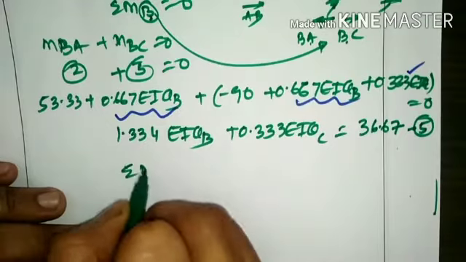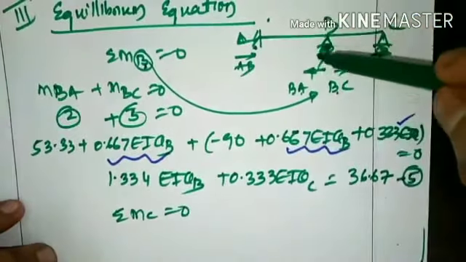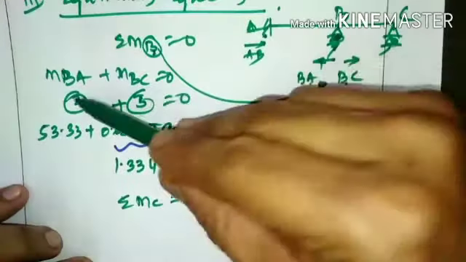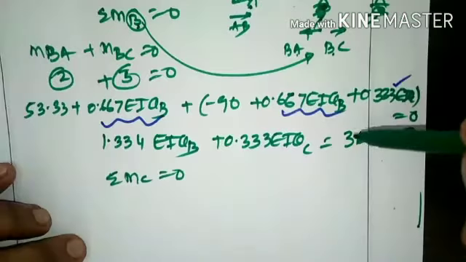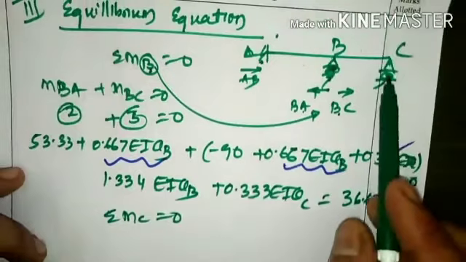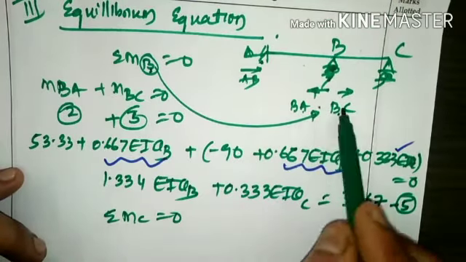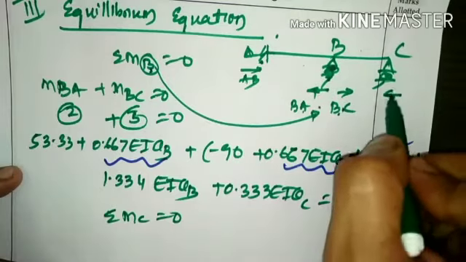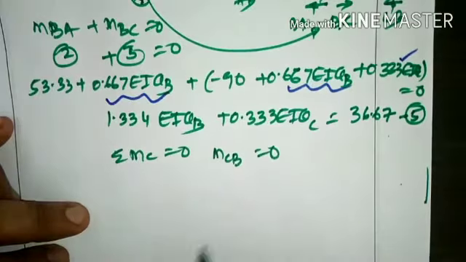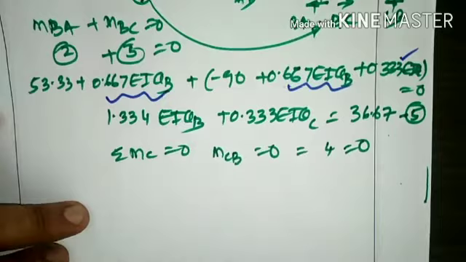Likewise, consider summation MC equal to 0. While writing summation MB equal to 0, you consider how many members are connected at point B and correspondingly consider those moment equations and add them. While considering summation MC equal to 0, check which member is connected at C. At A it is AB, at B it is BA and BC, at C it will be CB. So this will be MCB equal to 0, that is equation number 4 equal to 0.